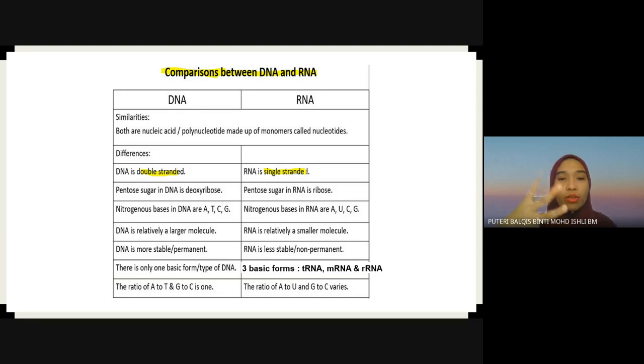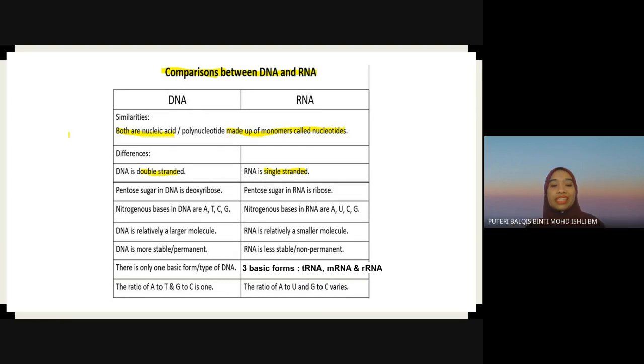Okay, kita tengok dulu comparison between DNA and RNA. Okay, DNA and RNA both are nucleic acids made up of monomers called nucleotides. Or you can write both are polynucleotides made up of monomers called nucleotides.